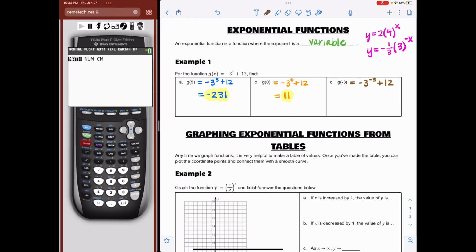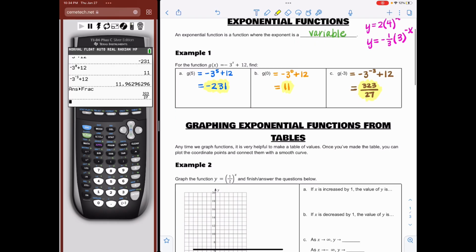And then if we turn it into a fraction, hit math, enter, enter, we will actually get 323 over 27. All right, so that's how we evaluate exponential functions when we have function notation.